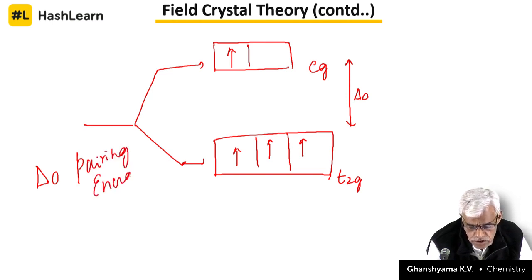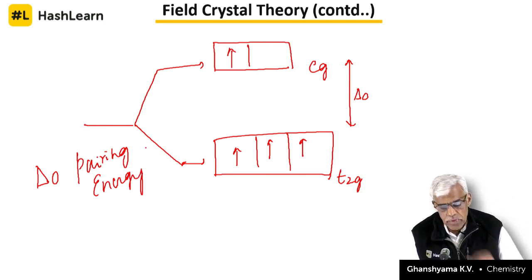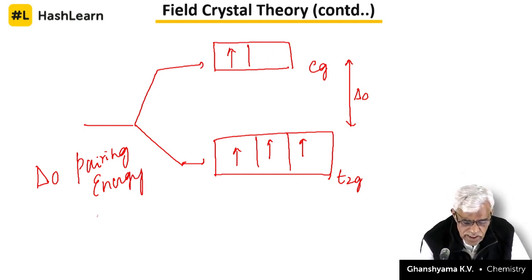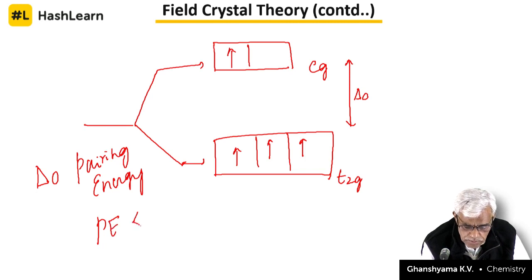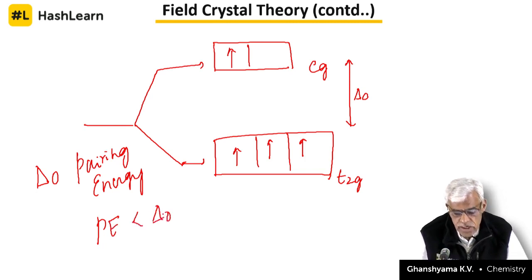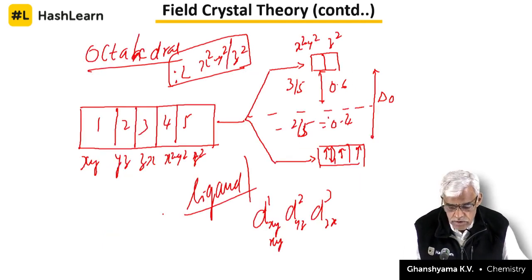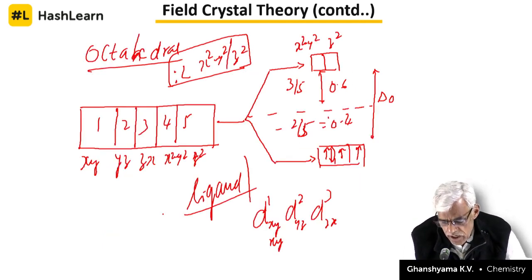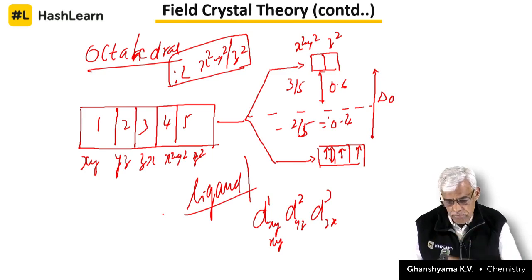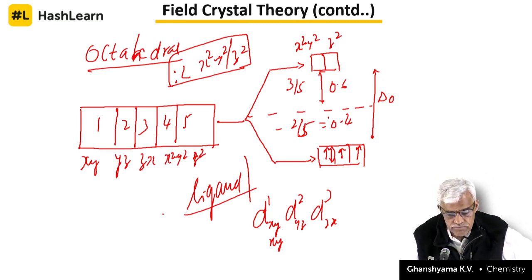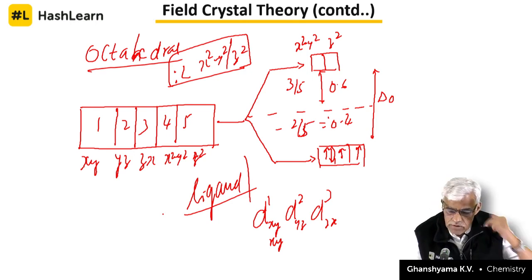If the pairing energy, I will call it PE, is less than delta 0, then the pairing will take place. When a pairing takes place, the number of unpaired electrons decreases.